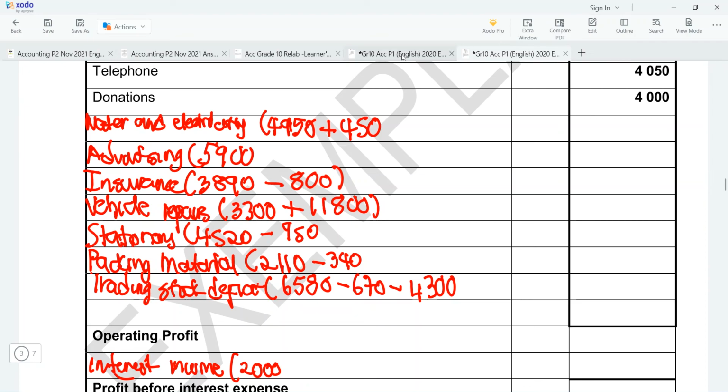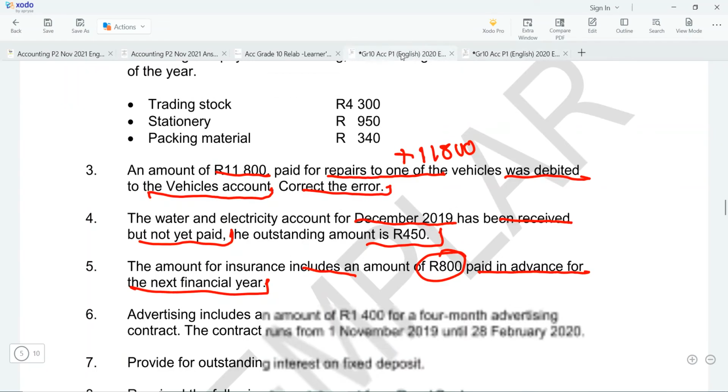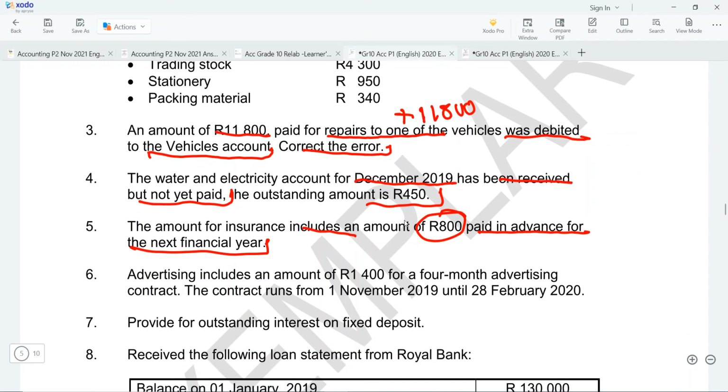And then next, we are told that advertising includes an amount of 1,400 for a 4-month advertising contract. So remember the duration. The duration is what? 4 months, right? So we need to firstly determine how much they were paying each month.